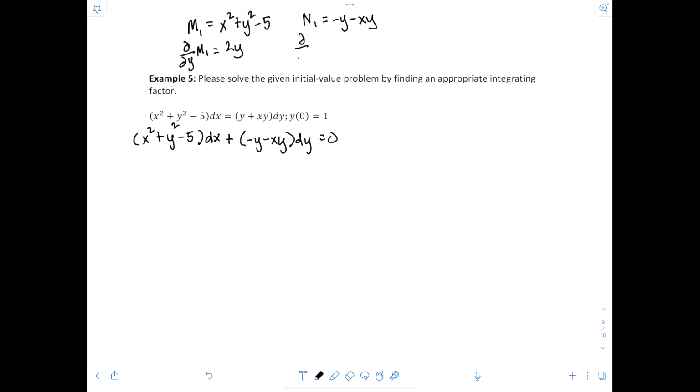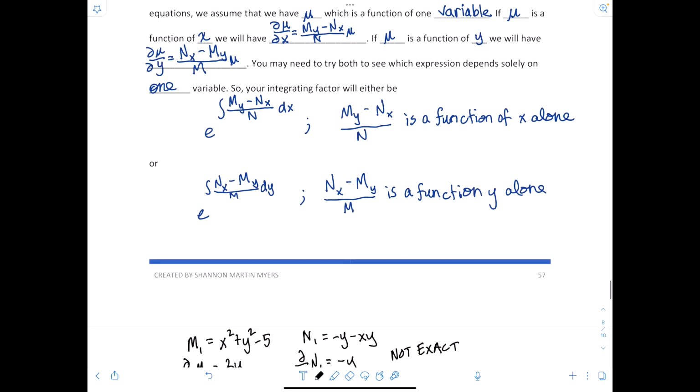If you found the first partial of that with respect to x, we would have what? Good, negative y. And they don't match. So as it stands, it's not exact. Now what we need to do is try to get this to be exact. So you try both of these expressions if you have to.